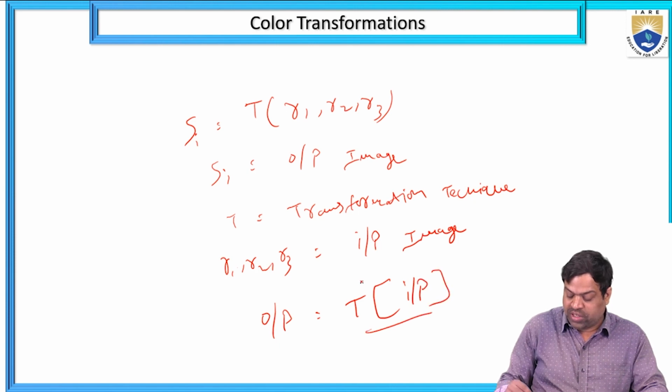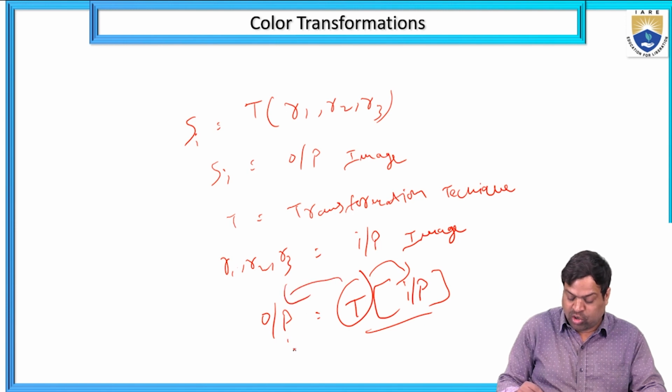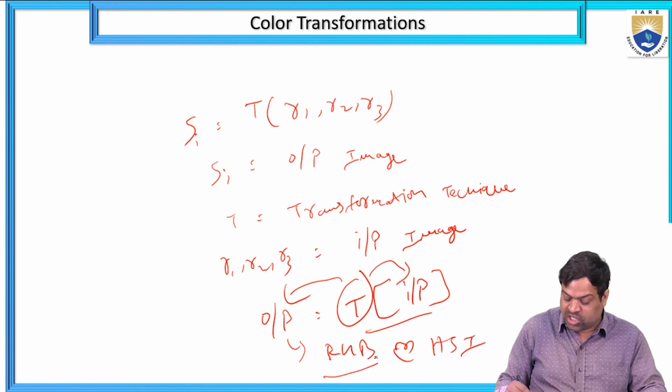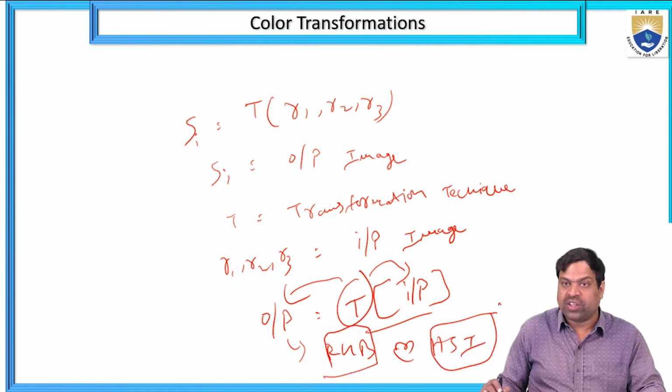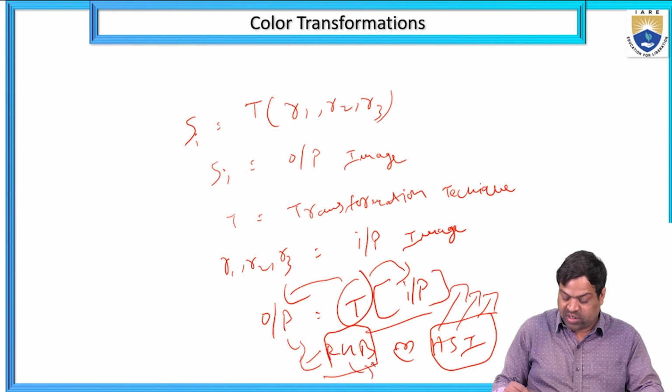When we are applying the transformation technique to the input image, we get the output. The output is in the form of the RGB or HSI model. So, I may apply RGB, or I may apply HSI, which means hue, saturation and intensity, otherwise red, green, blue.